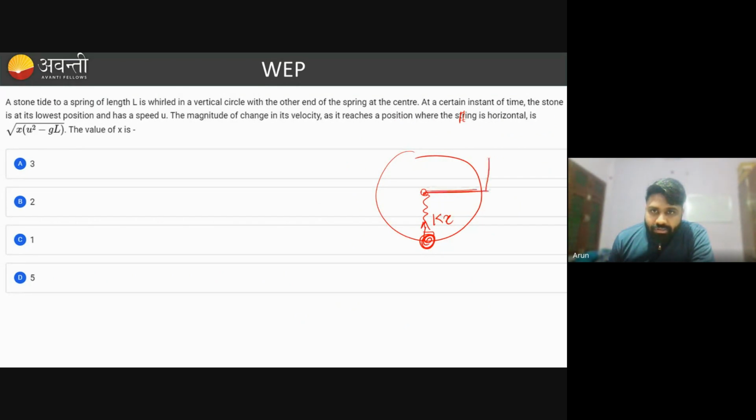At the horizontal position of the string, the velocity vector will be vertical, and at the vertical position of the string, the velocity vector will be in the horizontal direction. So let's say here the velocity is u i cap, and here the final velocity is v j cap.